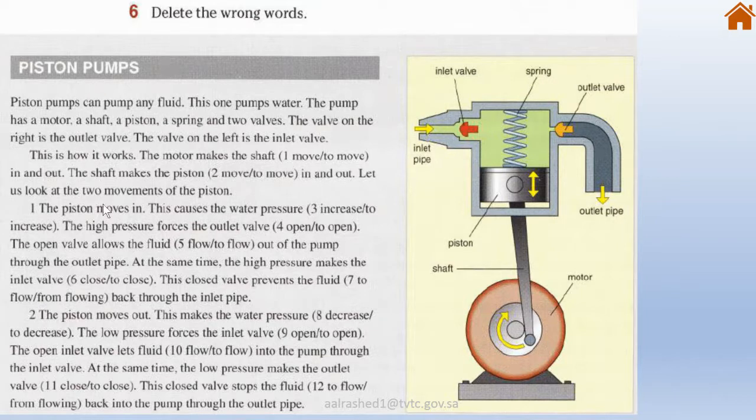Okay, before attempting to answer, try to read the sentence from the full stop up to the end of the bracket. Look at the verb where you have make. Should I use make with "to" or without "to"? Look at "along". Should I use "to" or without "to"? So you need to memorize the grammatical rule in order to be able to answer this exercise. Otherwise, you won't be able to.